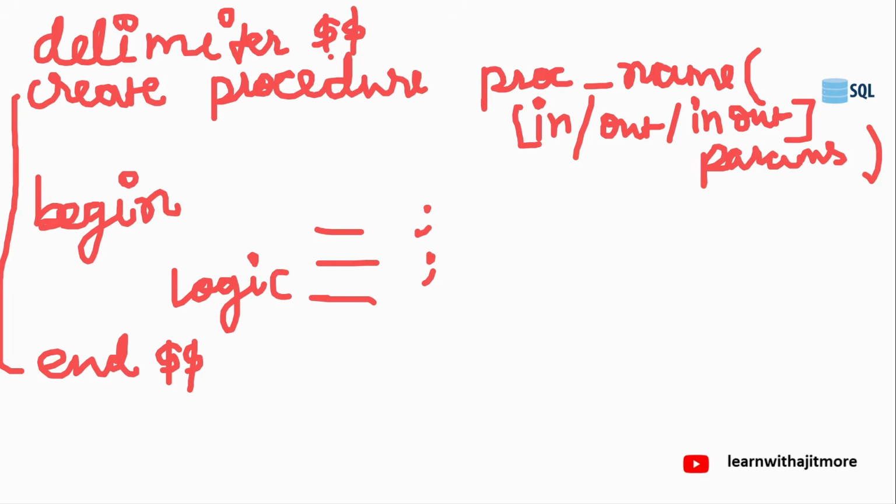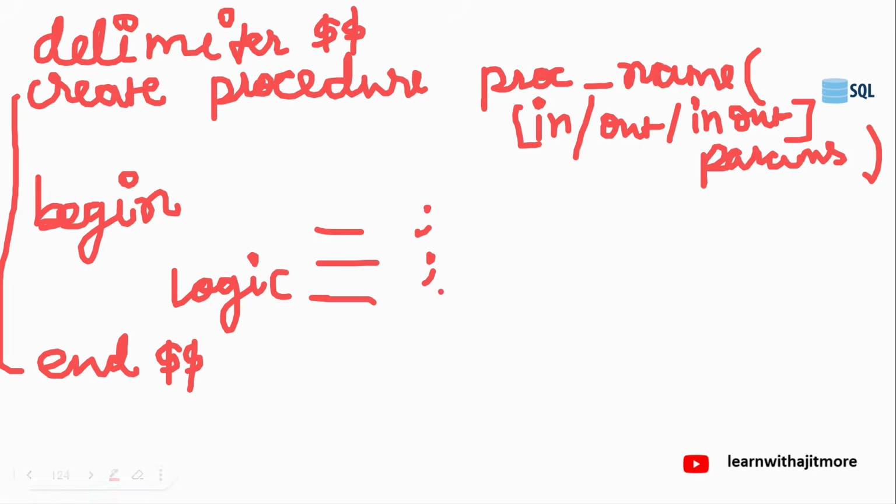Delimiter dollar dollar, then I'm writing this. Inside the block, semicolons many times, no problem, because you have informed that until dollar dollar comes, it should not complete the statement. When END comes and I put dollar dollar, the statement is complete. Now it will send this whole thing as one statement.